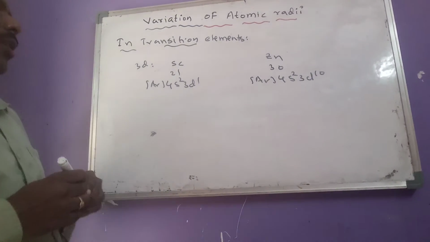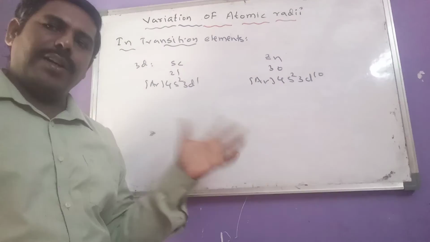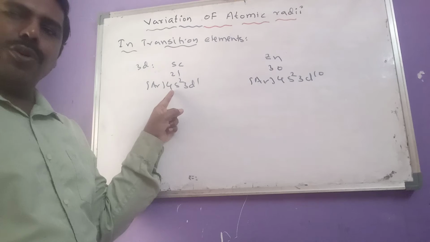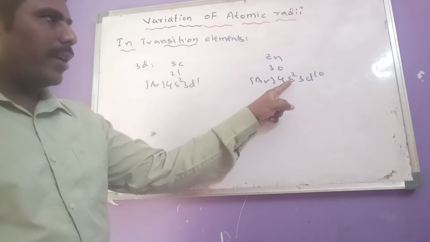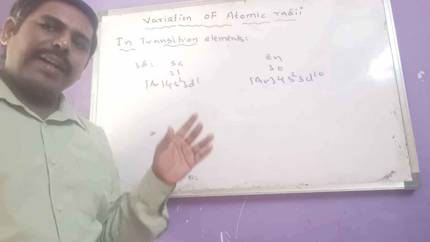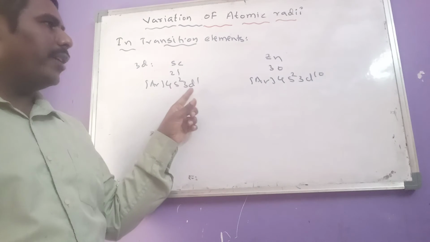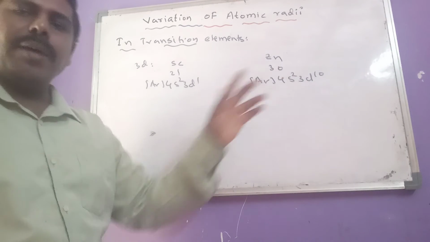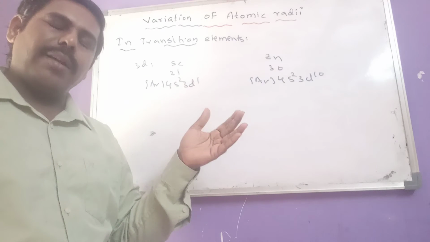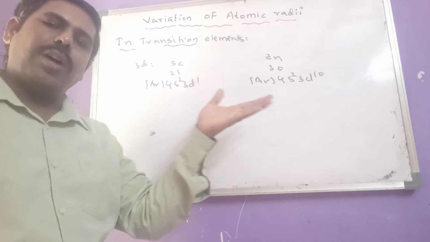One thing we have to confirm first: here the orbit number is 4 and here also orbit number 4. That means electrons are first entering the n minus 1 d subshell, not any outer orbit or any new orbit.